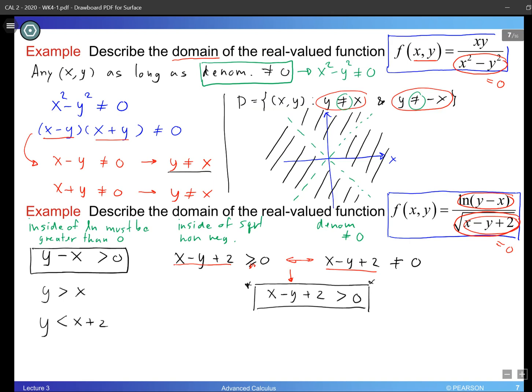So in the end, we have these two conditions, and we can set the definition for the domain set to be: the domain set equals any (x, y) such that y has to be greater than x, and at the same time y has to be less than x plus 2.